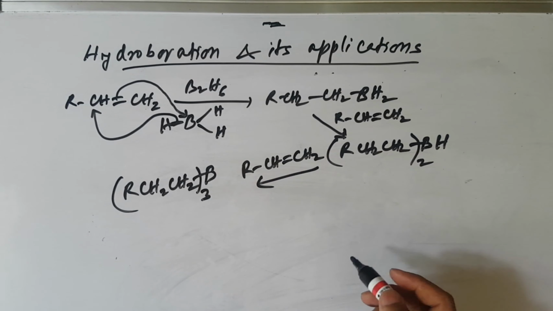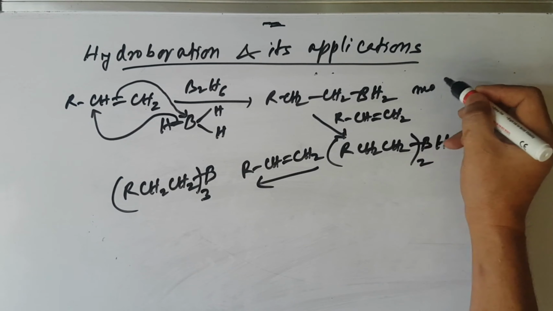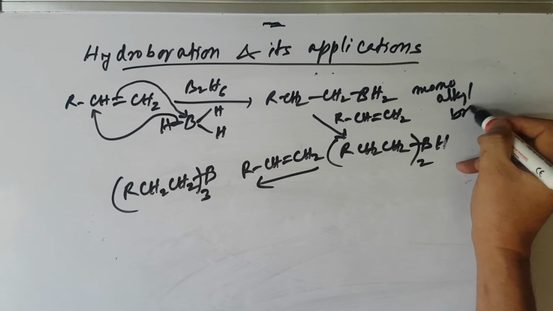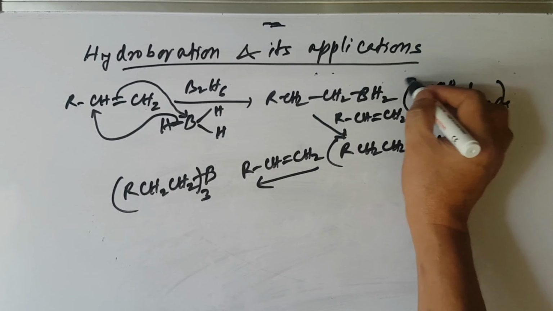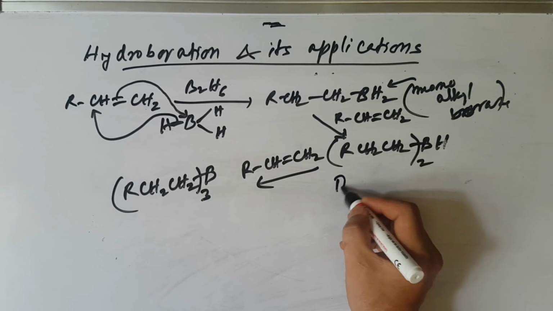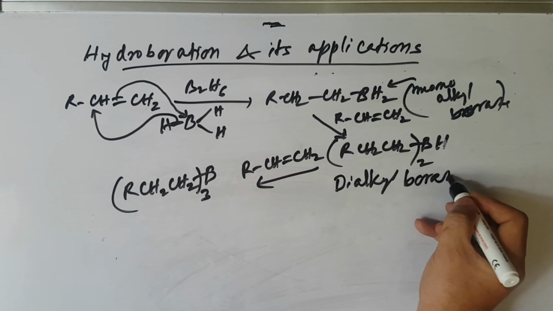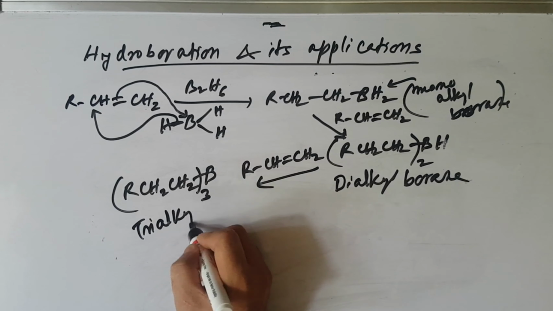Okay, so you can have here, first one is monoalkyl boron. This one is monoalkyl boron. This is dialkyl boron, and third one is trialkyl boron.